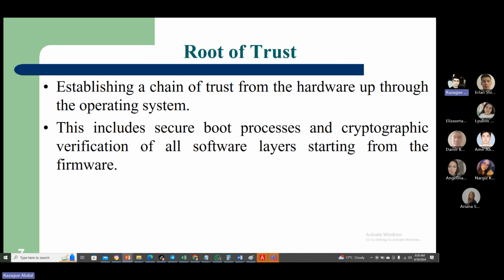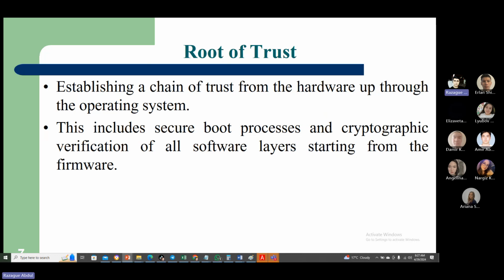It provides a trusted base that guarantees the integrity and security of the system from the moment it powers on. So if we establish a root of trust, organizations can ensure that their computing devices operate securely and reliably, enforcing a chain of trust throughout the system lifecycle.